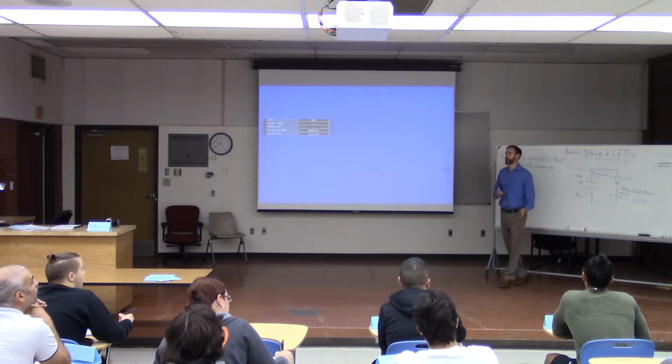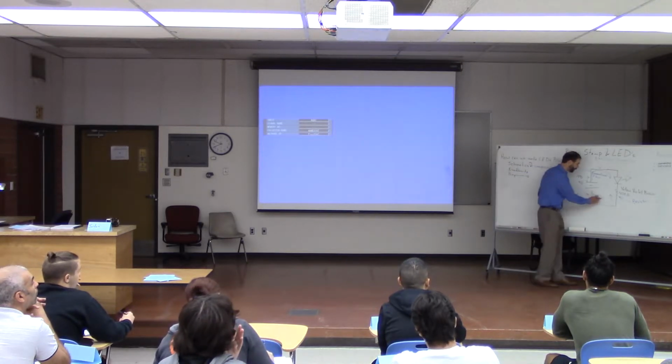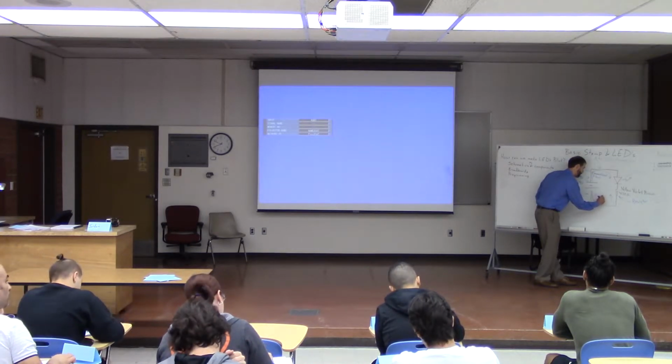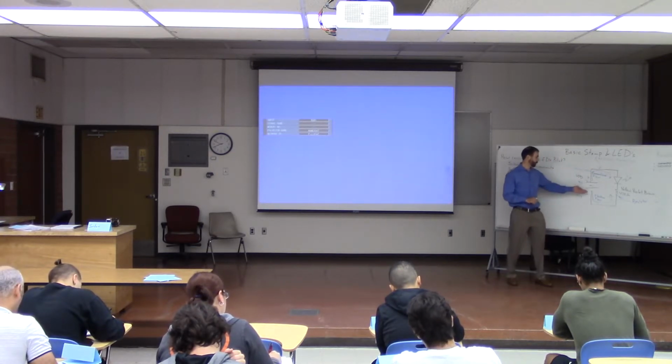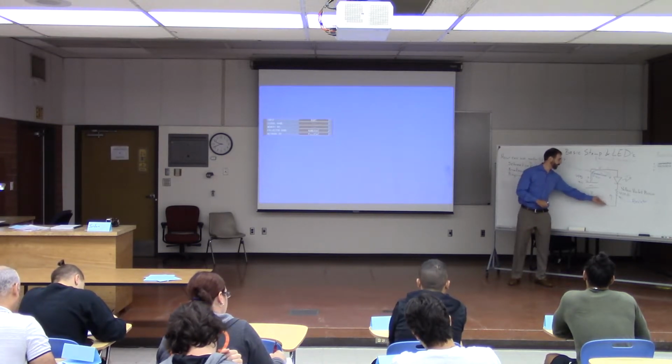So people said, hey, this is what's actually happening, we should draw it like that. So that is called electron flow.